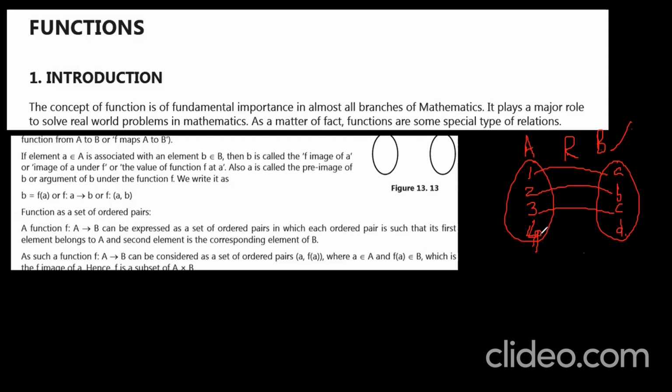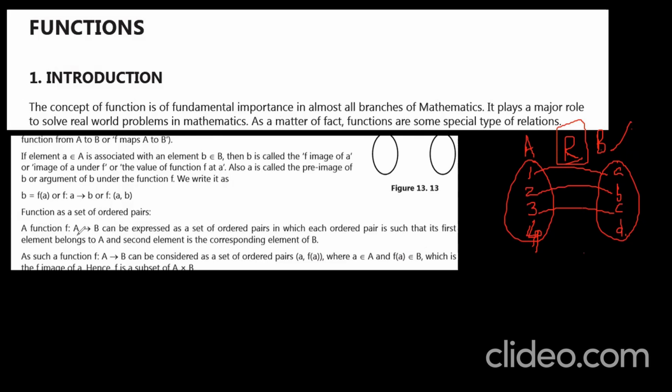This 4 is not in correspondence with any other element in B. So, whenever we take any two sets, the first set should totally make correspondence with the other set. Otherwise, it may not be a function. So, how do we define a function first? The concept of a function is fundamental.